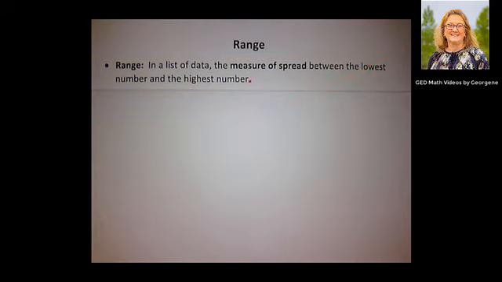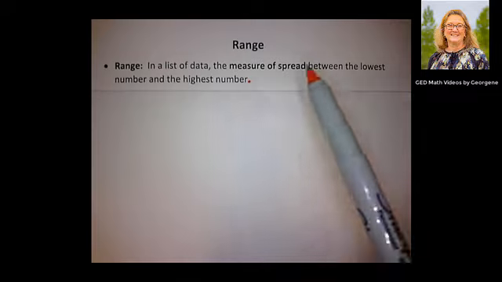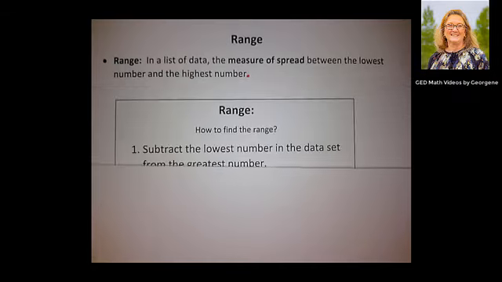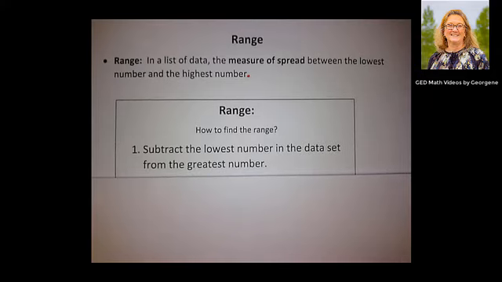So if you're spreading butter, you're starting at one end and spreading it across. And in math, when you're looking at range, you're basically finding the largest number and the smallest number. So how do we find the range?